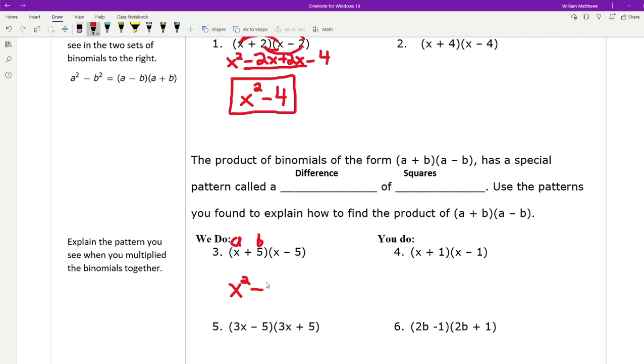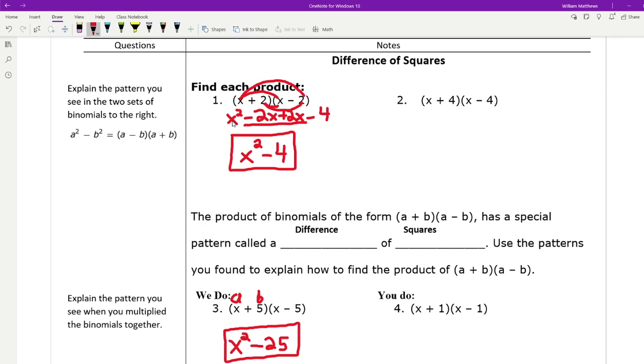In this case, would be 5 squared, which is 25. I can write that a little bit better. Now with this shortcut, with this rule, I've already come to my answer. I did not have to write down the middle step after distributing everything using double distribution.